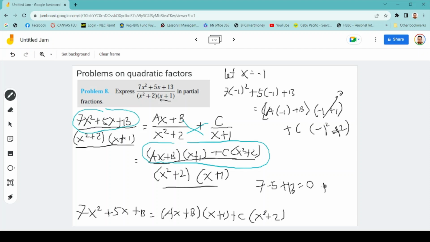Negative 1 squared is positive 1, plus 2 gives 3c. So 7 minus 5 is 2, plus 13 is 15, equal to 3c. We divide both sides by 3, therefore c is equal to 3.